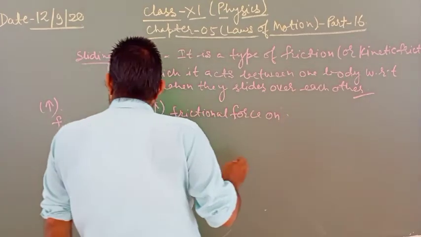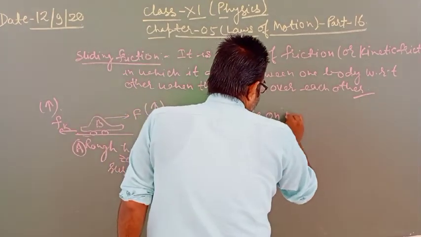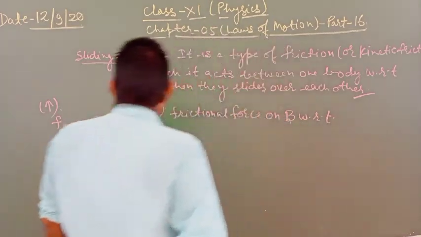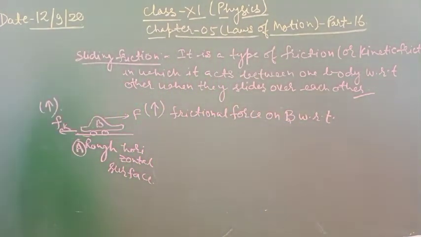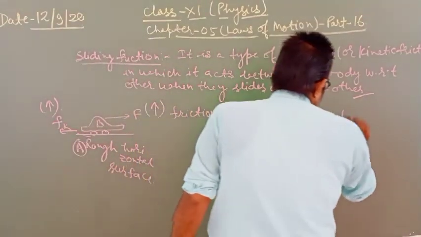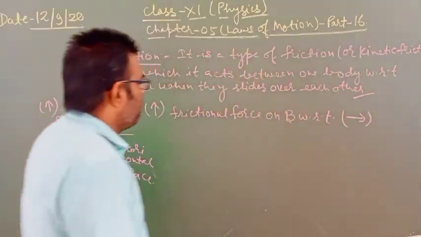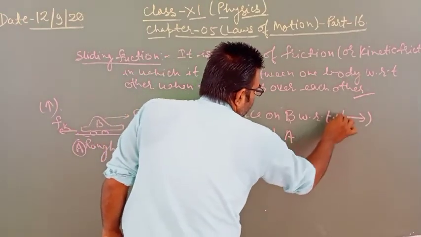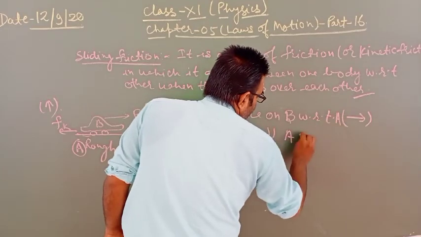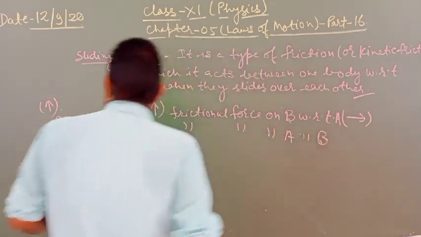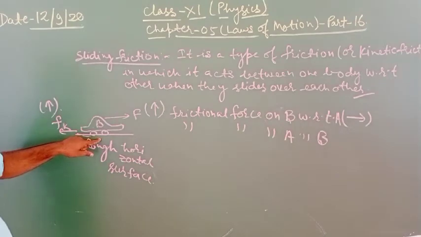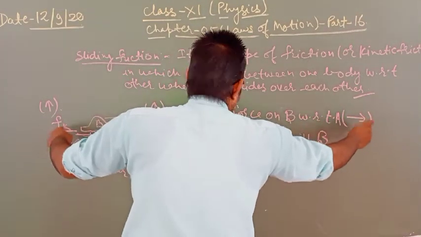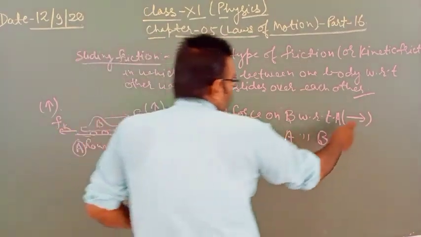The frictional force on B with respect to A is in this direction, and the frictional force on the tires of the car with respect to B is in the right direction.